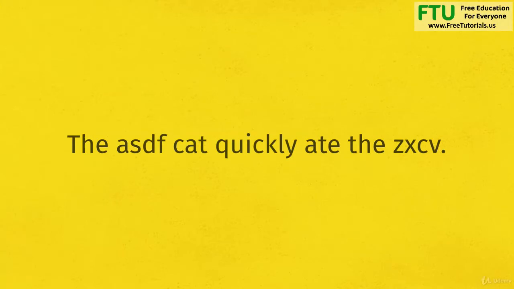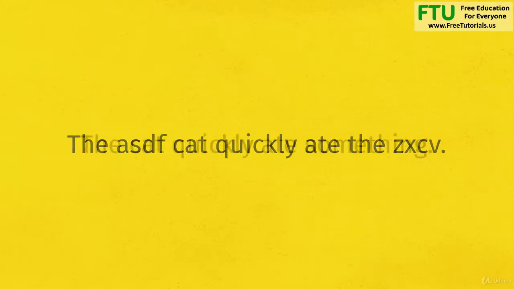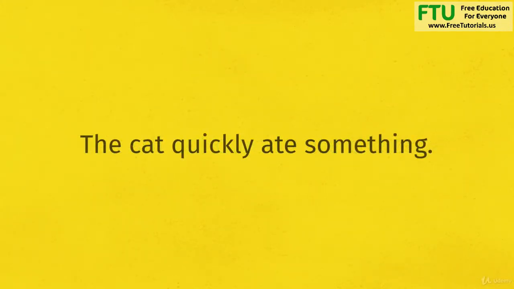So we want this same level of comfort with the JavaScript language. Because once you understand the structure of a language, it gives you contextual clues to help you understand what's going on, even if you don't understand each word individually. Right? We still know that there's a cat and it's quickly eating something.